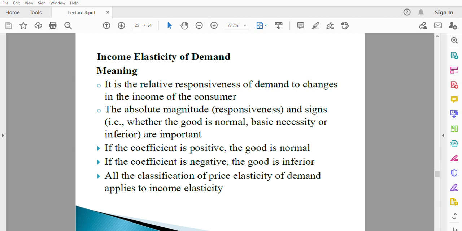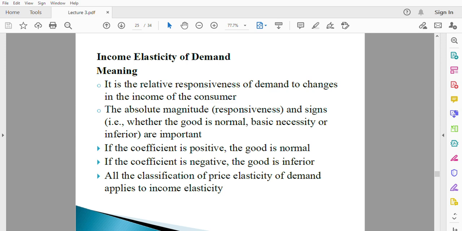So the change in income of the consumer can also affect the quantity the consumer will demand. So the absolute magnitude or responsiveness and size, that is whether the good is normal, basic necessity or inferior, are very important in income elasticity of demand. Let's note these. If the coefficient is positive, the good is a normal good.